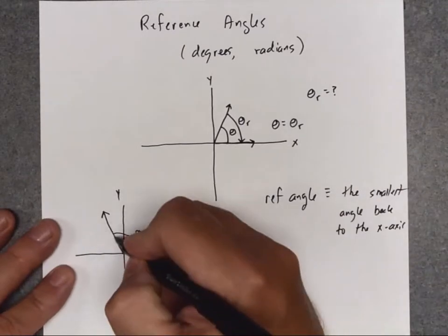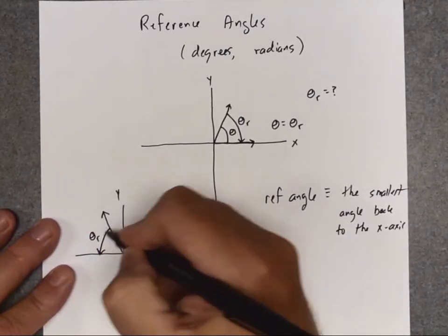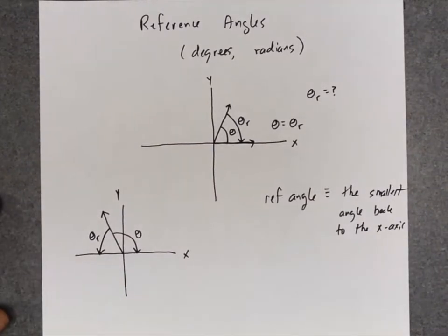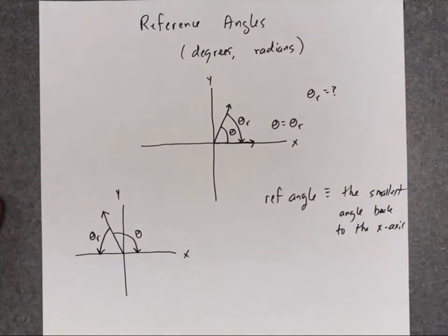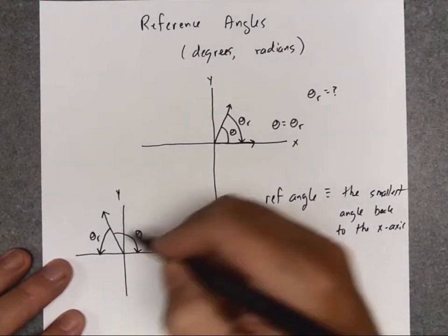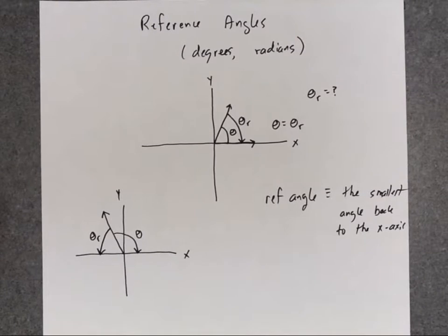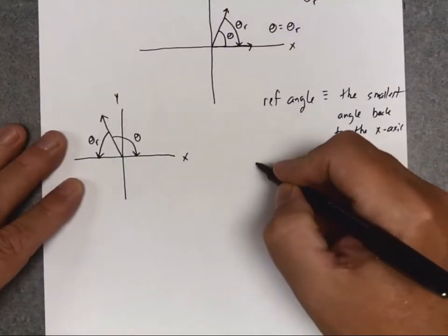Well, in this case, the smallest angle, the quickest way back to the x-axis is to go from here over here to the negative x-axis, and this becomes my reference angle. So this is my original angle, but this is the reference angle. Now in a minute we'll actually use some numbers, but I just want you to visualize what's going on. Let's do another one.